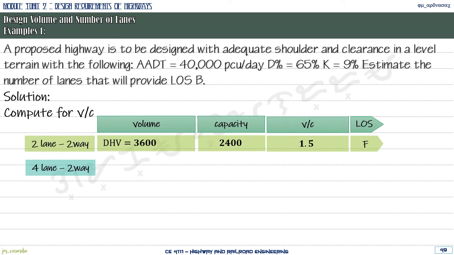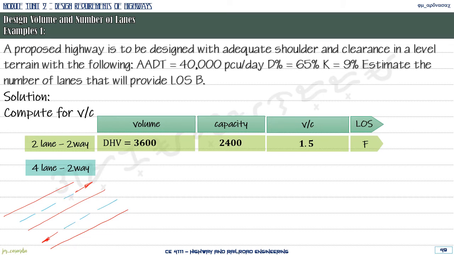So for a 4-lane, 2-way, this would look like this one. So if we have here your total width of the highway, we divide it into 2 for one direction and opposite direction, and then we divide it into 2 for each direction.